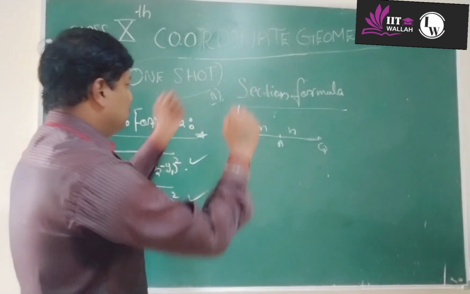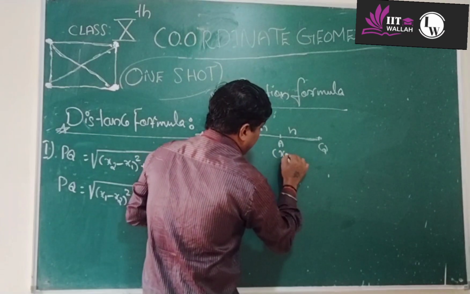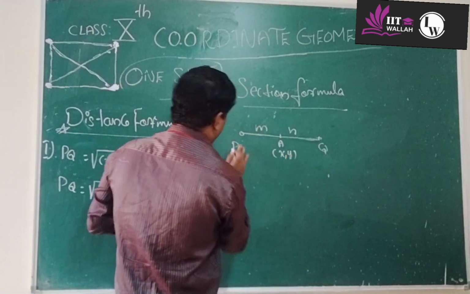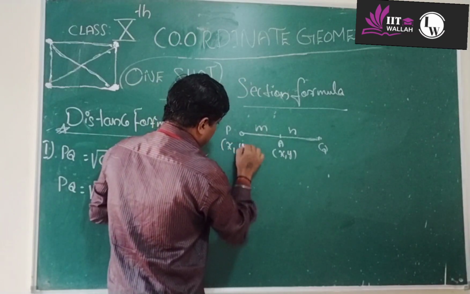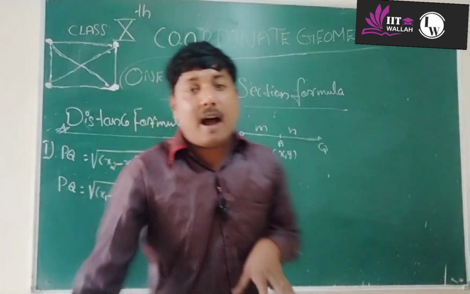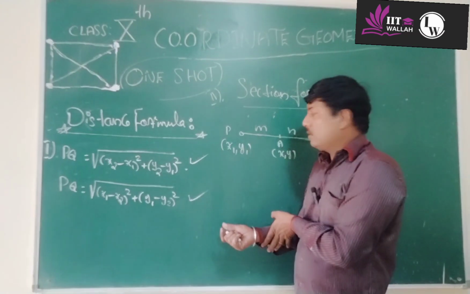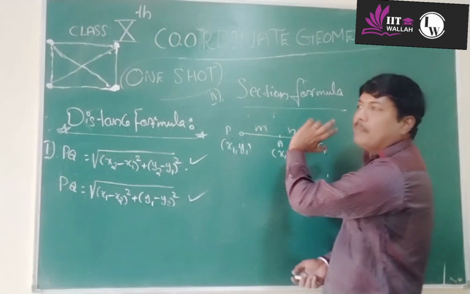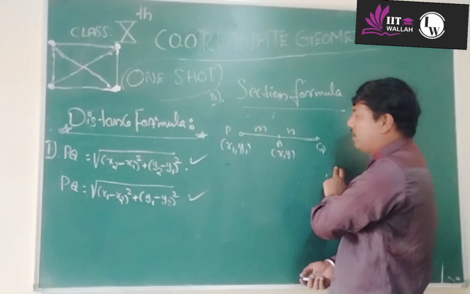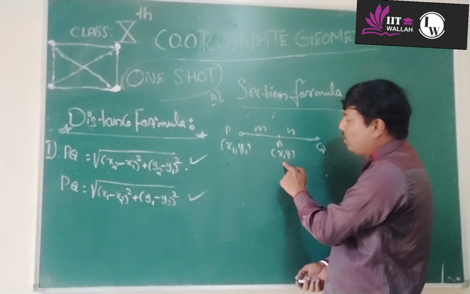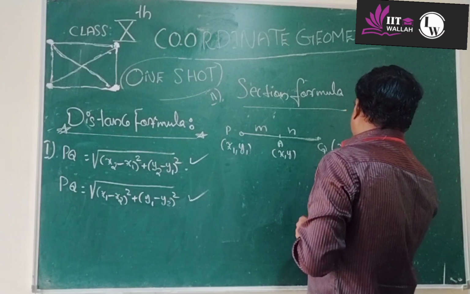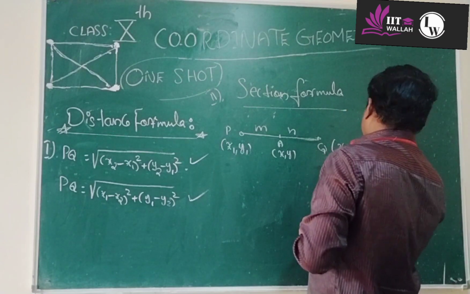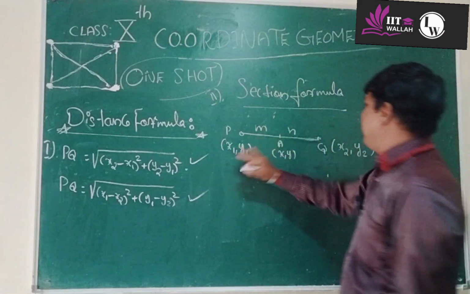Then this point's coordinates I can make x, y, and this point P is x1, y1. You need to understand how I am giving names. Here 2 points, so I am giving 1 here and 2 here, and this is a single point, so I am giving x, y. So x2, y2 are the coordinates of Q.